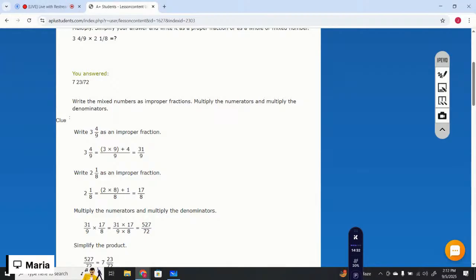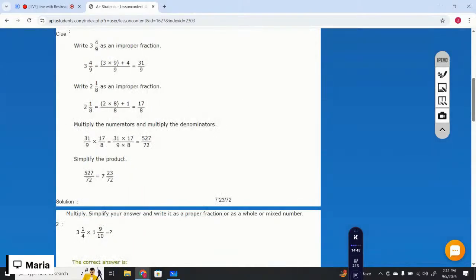Same way you need to do the other. You need to write down the other fraction, that is 2 times 8 is 16 and 1 is 17 over 8. Now when you are going to multiply them, you always multiply numerator times numerator and denominator times denominator.